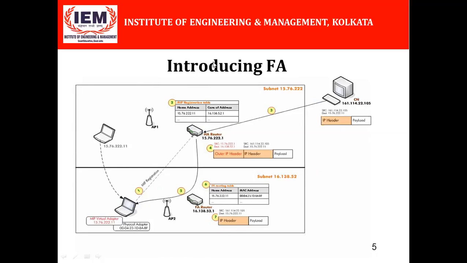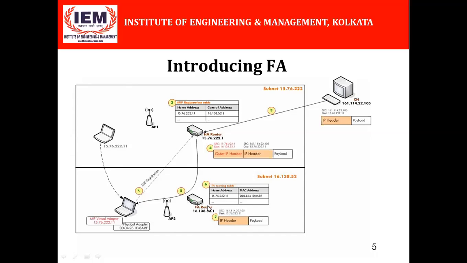So now, when the corresponding node wants to communicate with the mobile device, we observe the same address here. But what happened? The foreign agent is now introduced. Instead of some foreign router, it is now known as the foreign agent router. That means some address is also defined over here.